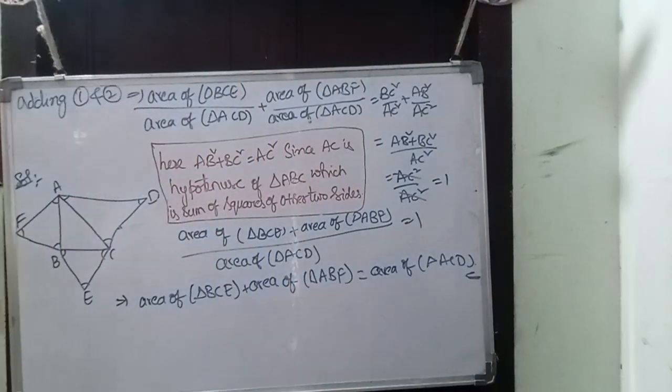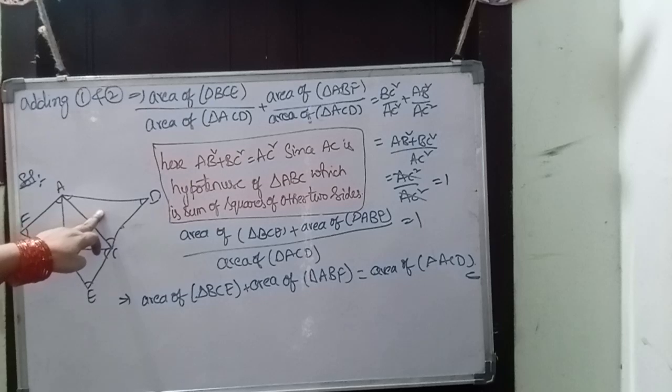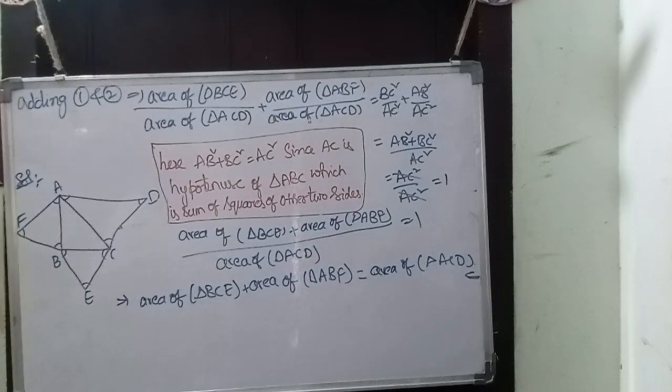Got it? We had to prove that the area of triangle ACD must be the sum of the areas of the equilateral triangles on the other two sides. This is the solution.